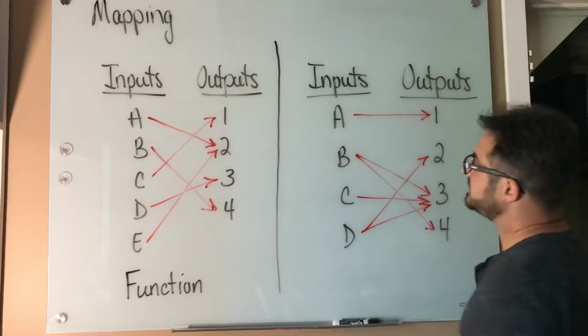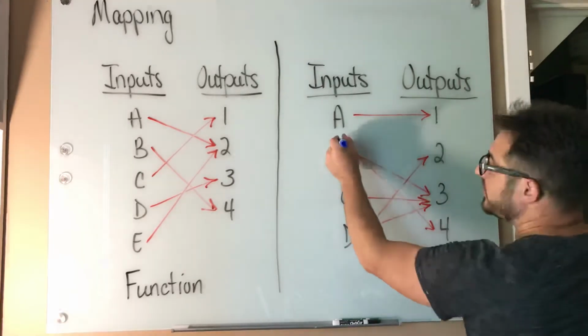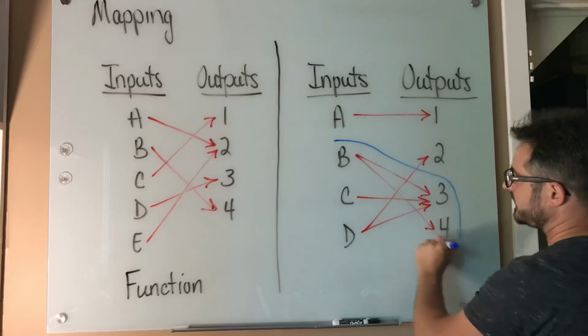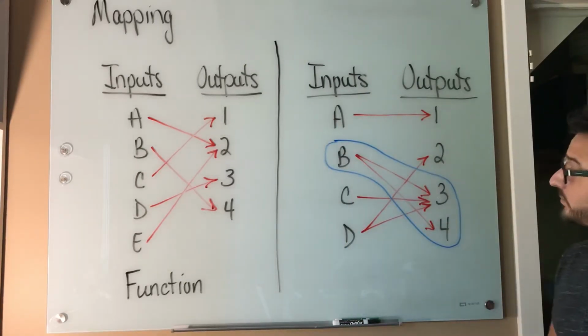In this case, again, if we go down the list from the beginning, the input of A does produce a single output. Where we run into trouble is with the input value B. The input value B produces more than one output, or is paired with the outputs 3 and 4.